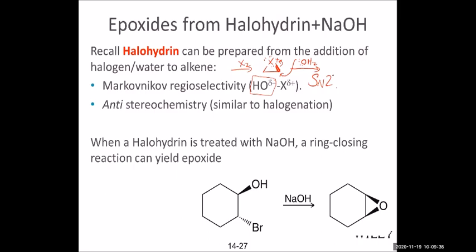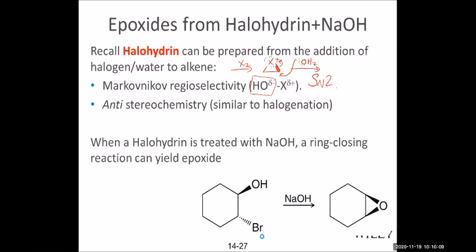And the halohydrin can now be treated with sodium hydroxide, and it can form the ring. So basically, with a strong base, it will make this oxygen more nucleophilic and attack on the bromine and form the ring. So this is the other way to form the epoxide.